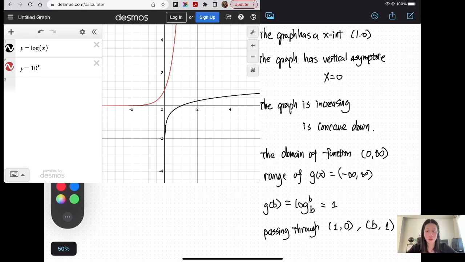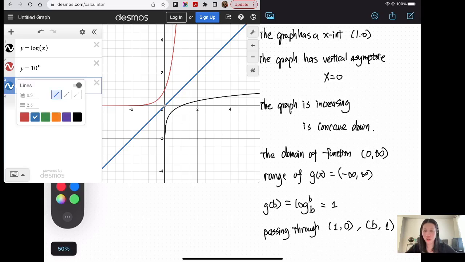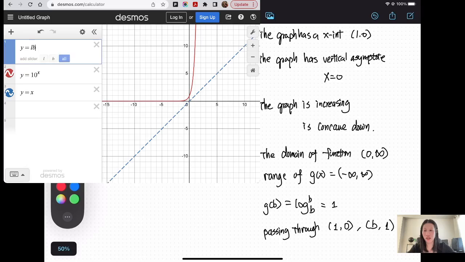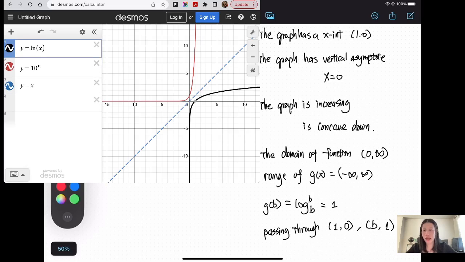These two are inverse functions, so they should be symmetric over the line y equals x. We can do another experiment, using the natural log of x, which is symmetric with e to the x. So look, they're symmetric. The logarithm function is symmetric with its inverse function, the exponential function, over y equals x.